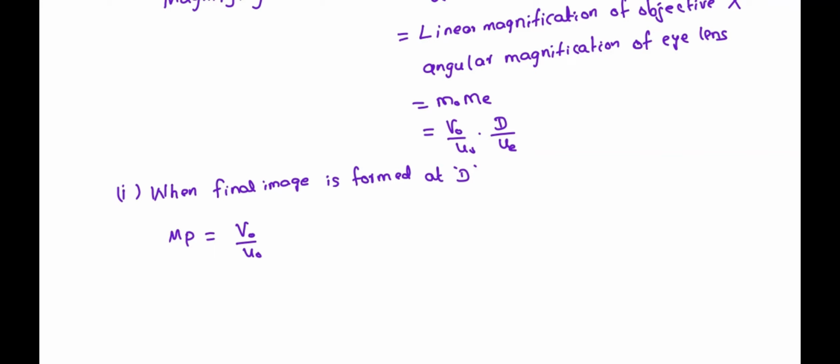We can write two conditions. Case 1: when the final image is formed at D, that is, the least distance of distinct vision, then the magnifying power is equal to v0 by u0 multiplied by D by ue, and this D by ue can be written as 1 plus D by fe.